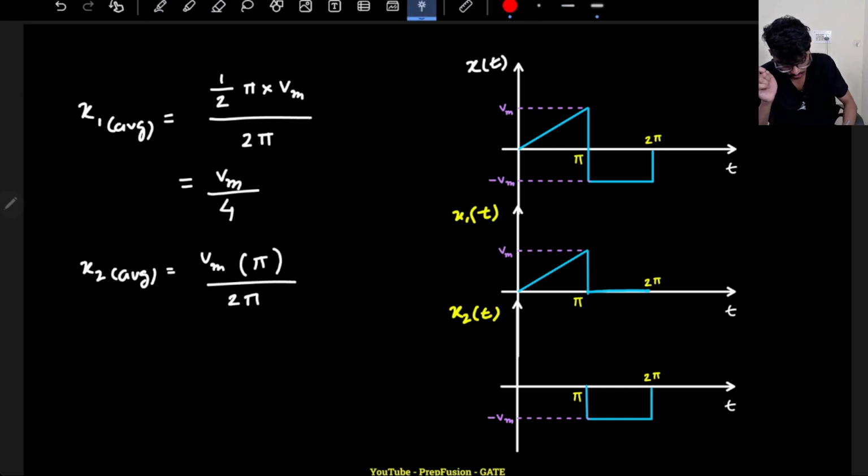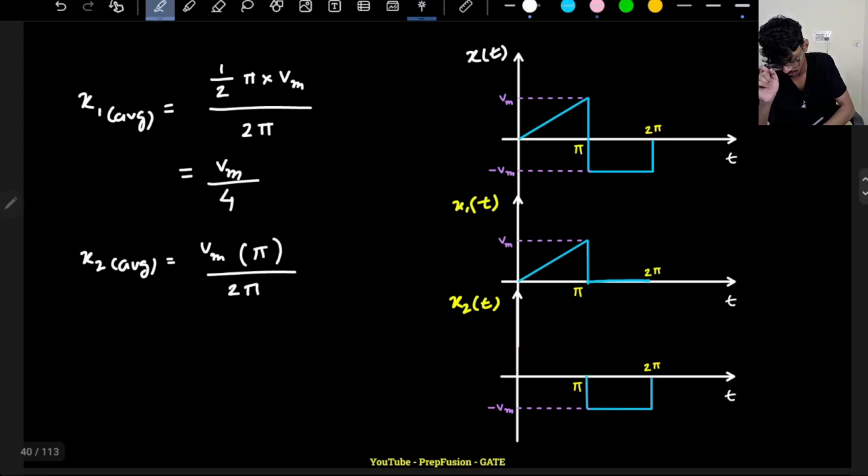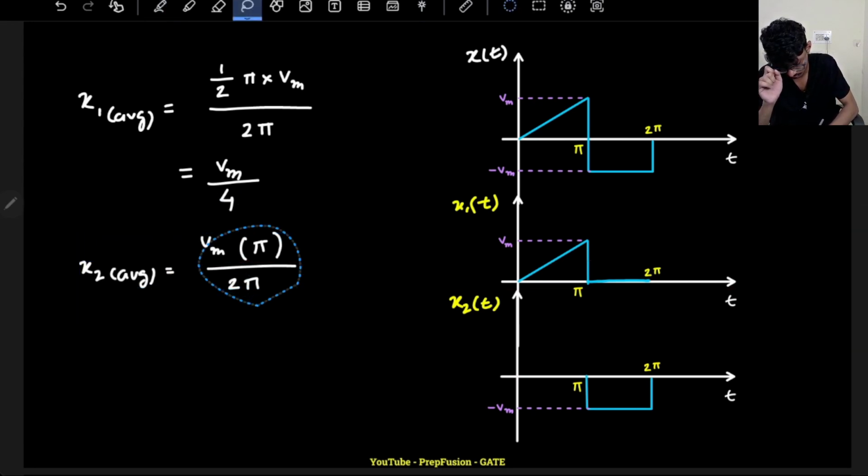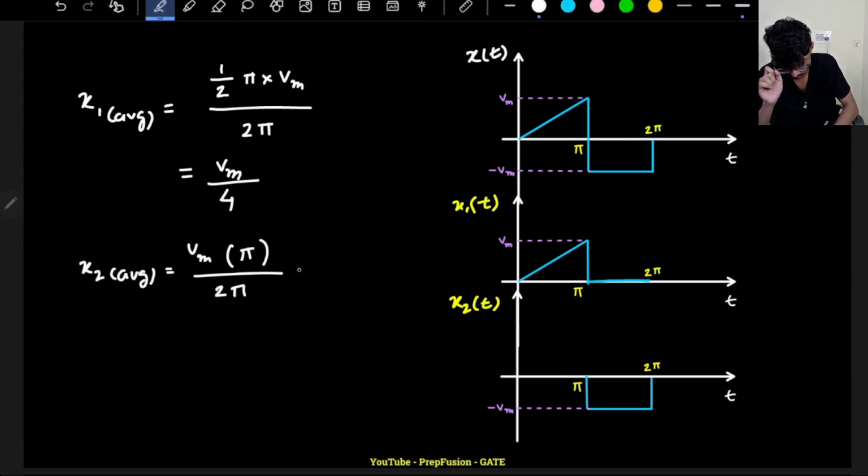Basically its time period is also 2 pi only. So this value will come out to be Vm by 2.